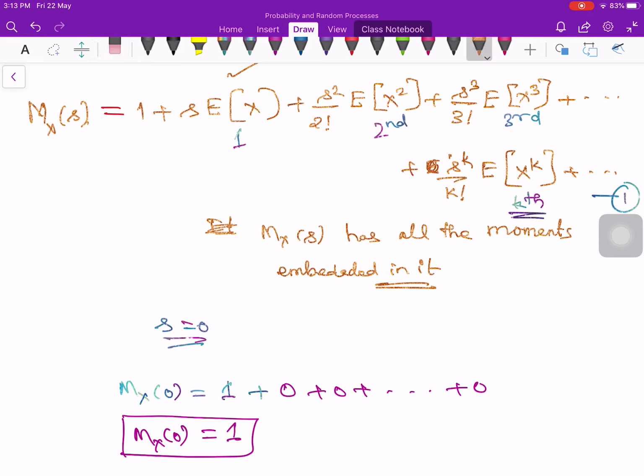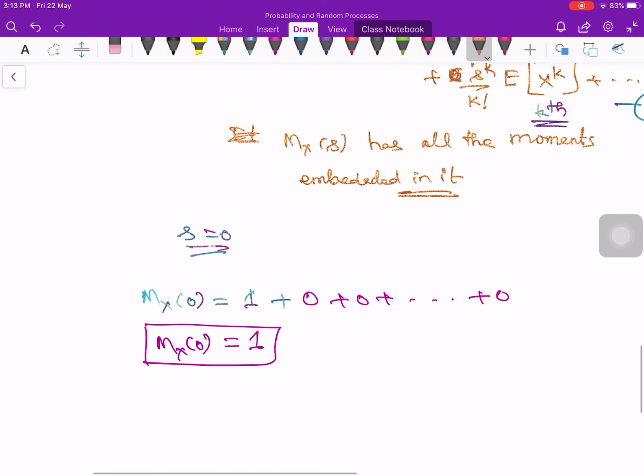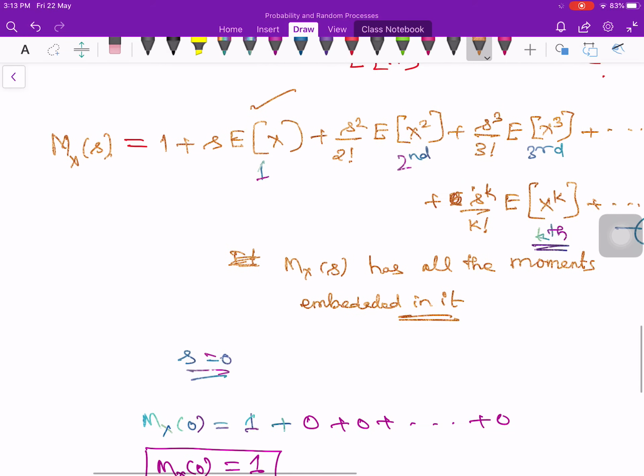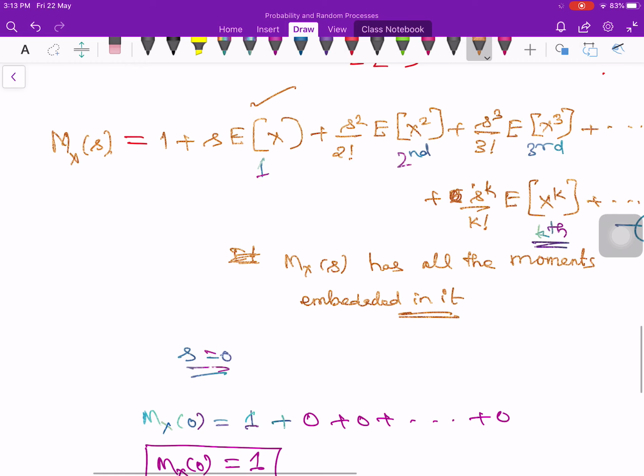Now if you take the derivative of M_X(s) with respect to s, so d by ds of M_X(s). The first term is 1, so its derivative is going to be 0. And what about the second term?